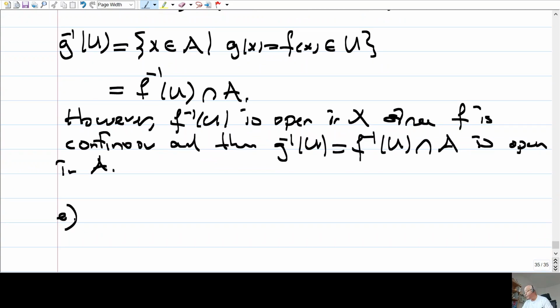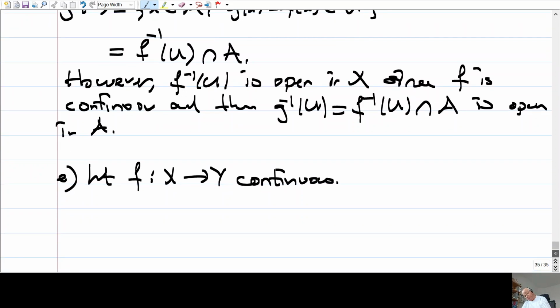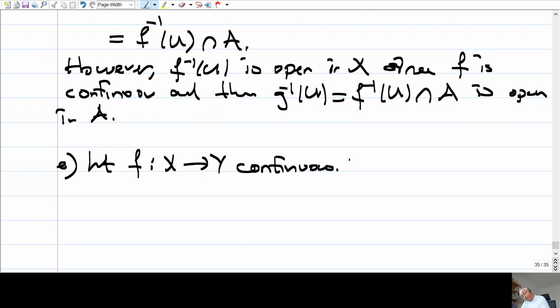What about E? Now we have F from X to Y, again continuous, and it has two parts.